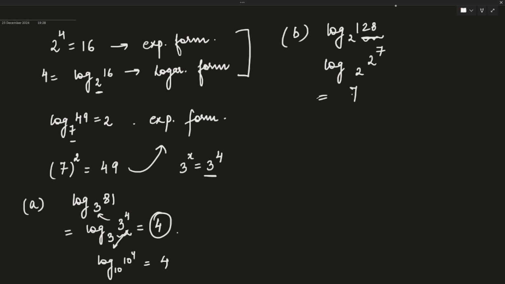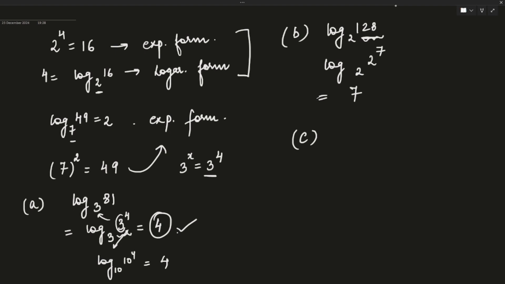So the answer of this will be 7. We just have to try to make the base of the argument and the base of the log the same so that we can get our answers directly.